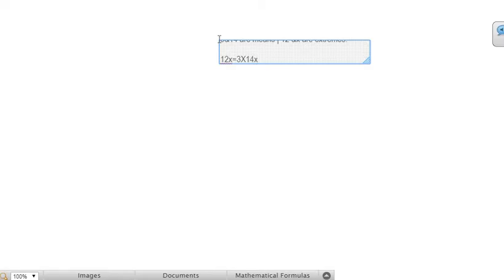So x is equal to 14 into 3 divided by 12, which is 42 by 12.